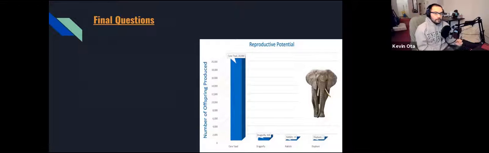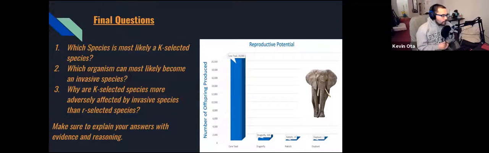Okay. For your final questions for this topic, you're going to take a look at this graph on reproductive potential. We have the cane toad, dragonfly, rabbit, and elephant. For question 1, which species is most likely a K-selected species?